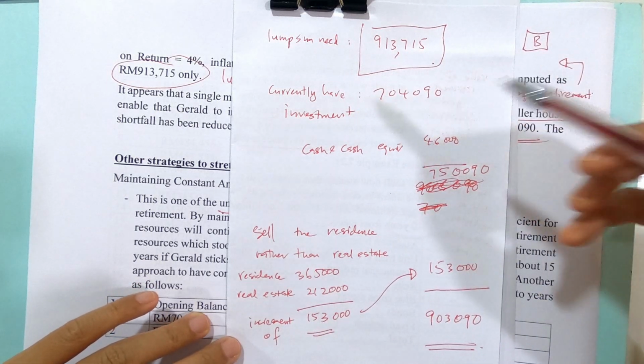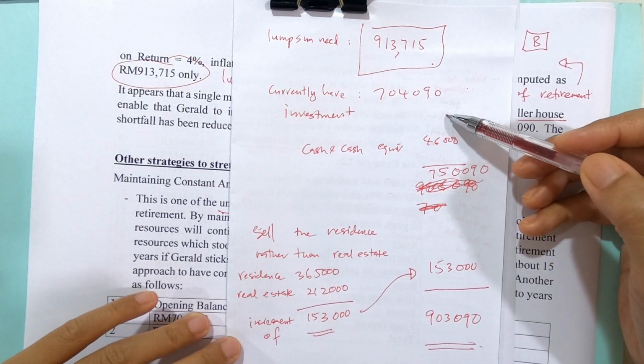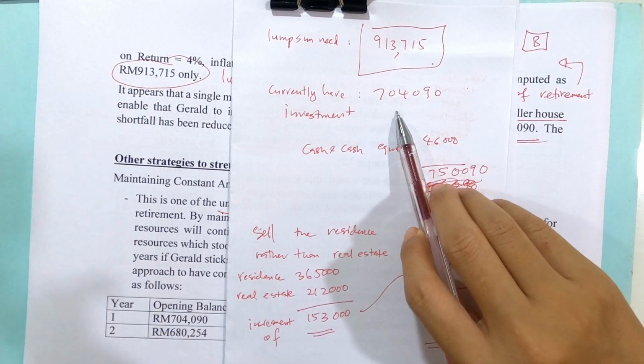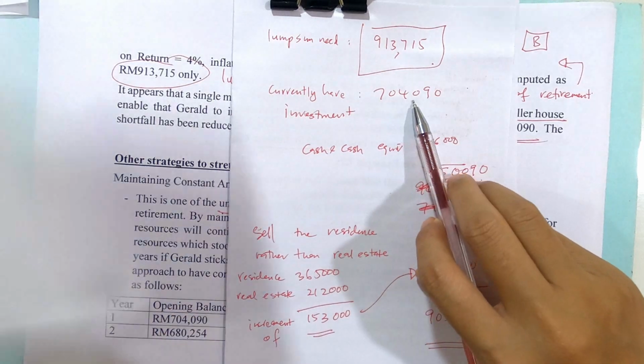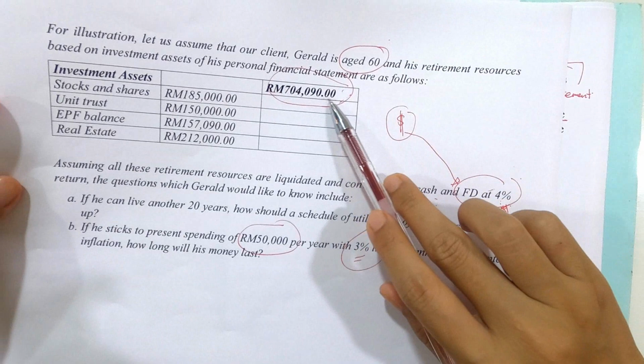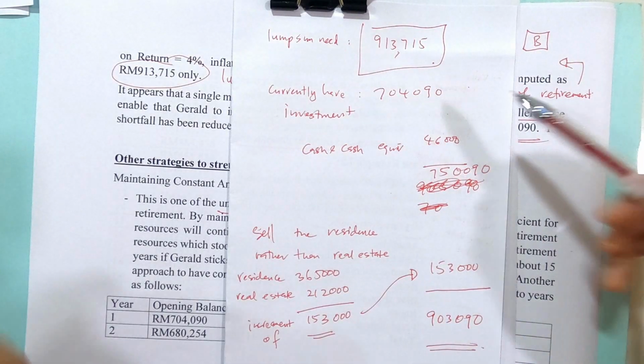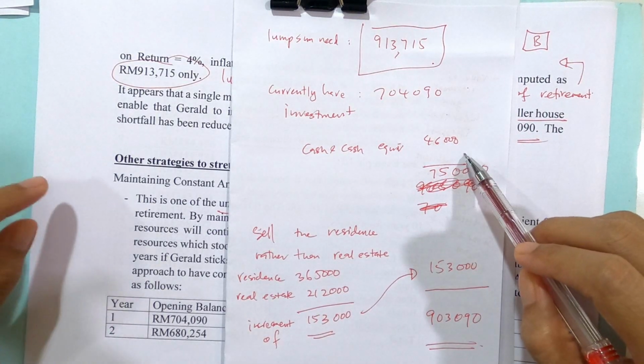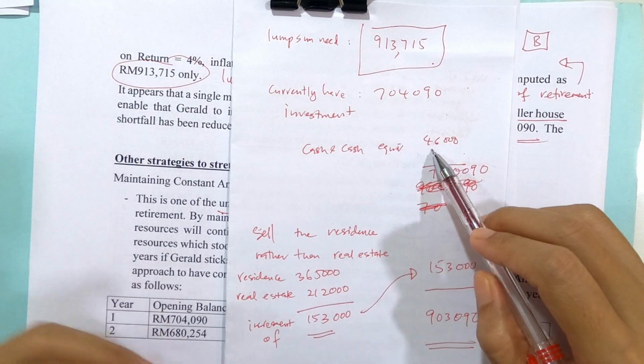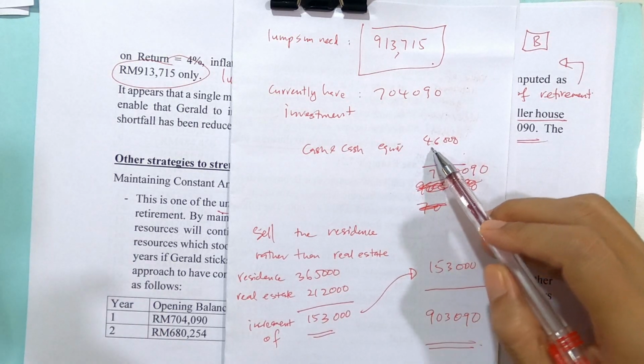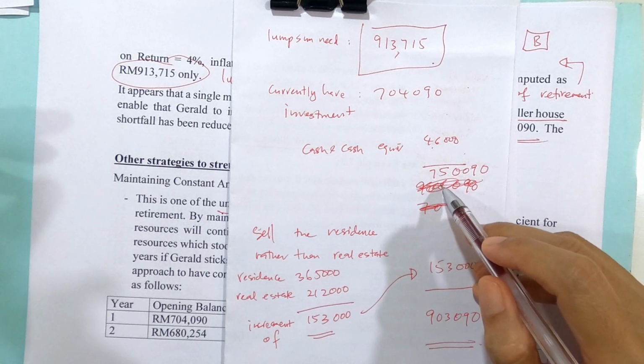Then we compare with the current investment that the client has, that is 704090. And we add the cash and equivalent that the client has, that is 46,000, the one we already showed before. So the total asset that the client has is 750090.